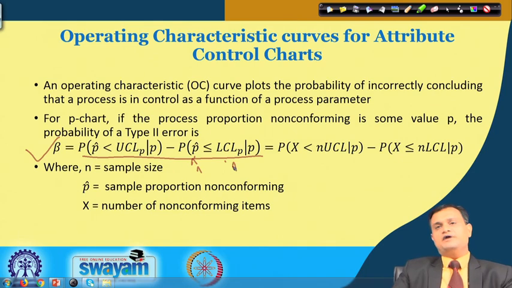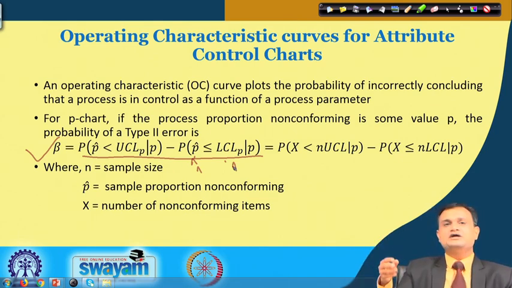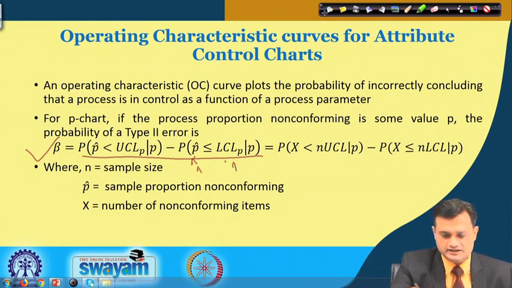When you have proportion non-conforming and multiply it with n, you get the number of non-conforming. So proportion is converted into the number.